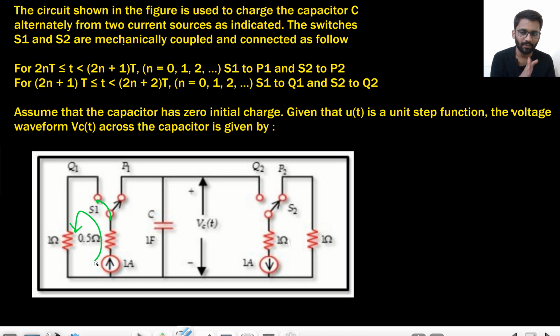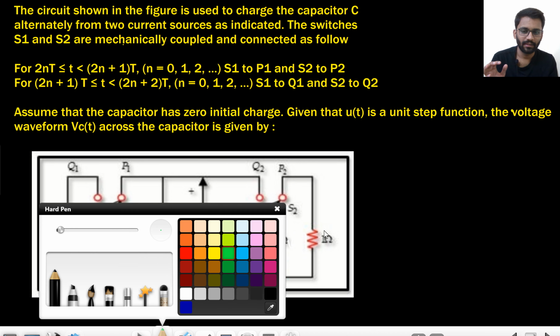No need to make this other circuit because this 1 ampere current is flowing here. Only this much of the circuit is of concern, because switch S2 is connected here now and this one is connected here. That's not a matter of fact, but this is the important part now. So we will just make this circuit.